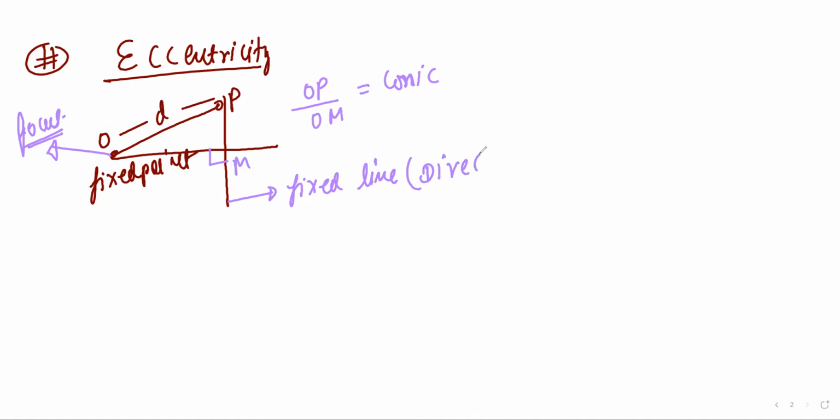This constant ratio is called eccentricity of the conic. Right. So this constant is called eccentricity of conic. That is represented by e, a small letter e. Right. So right up to this point, then I will talk about the parabola.